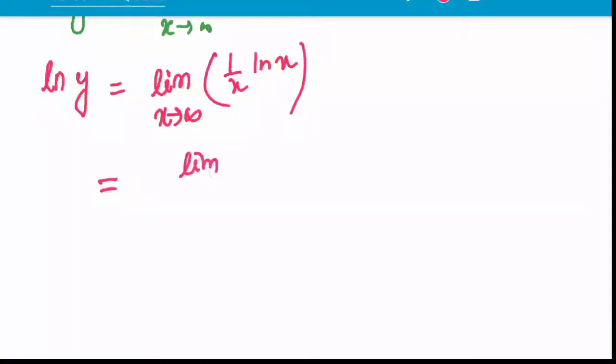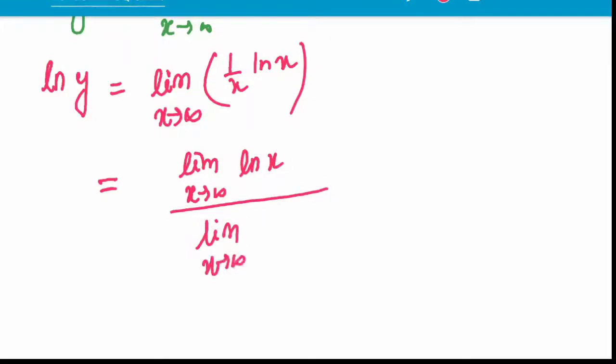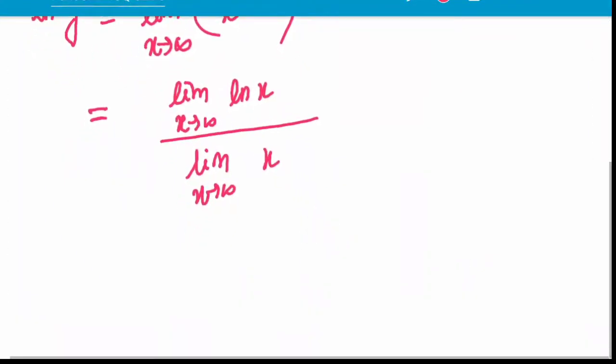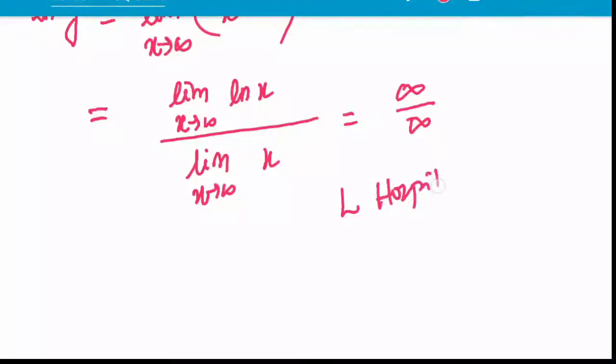Limit x tends to infinity ln x by limit x tends to infinity x. So this will be infinity by infinity form, that is we will apply L'Hopital's theorem.